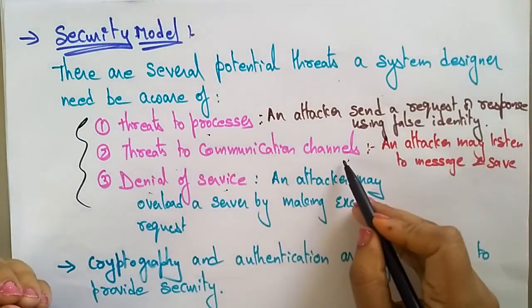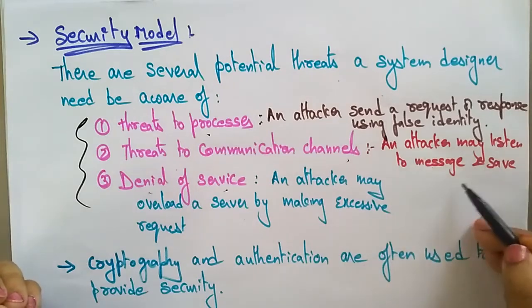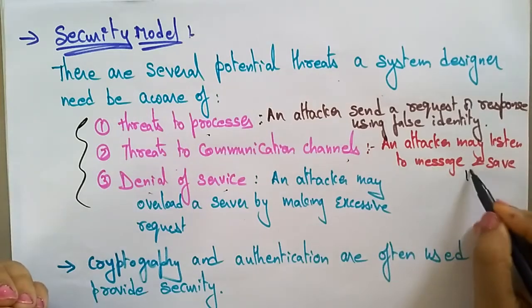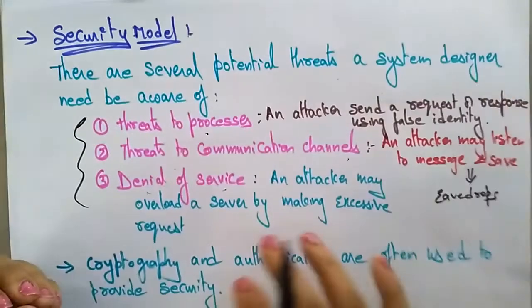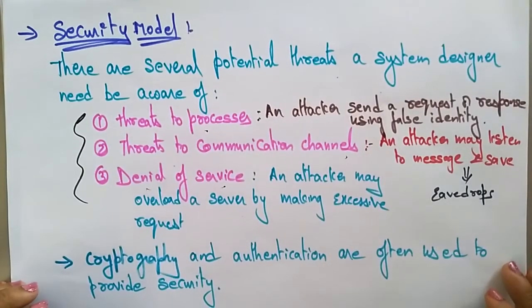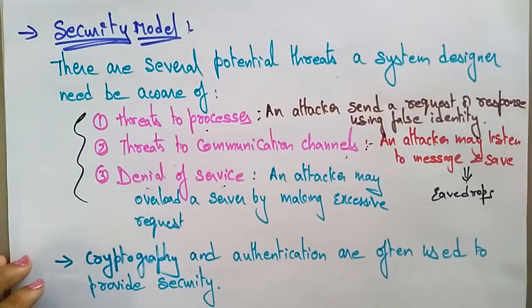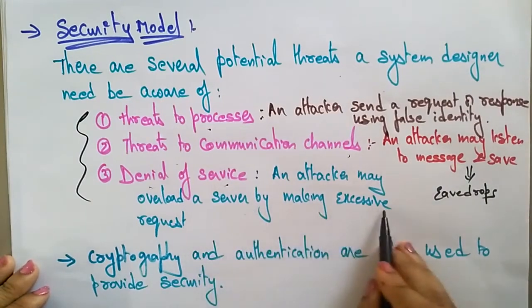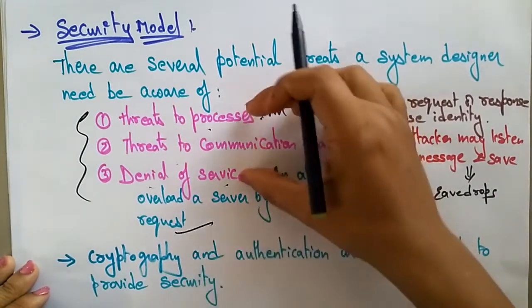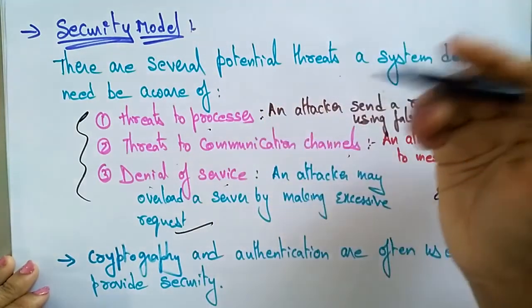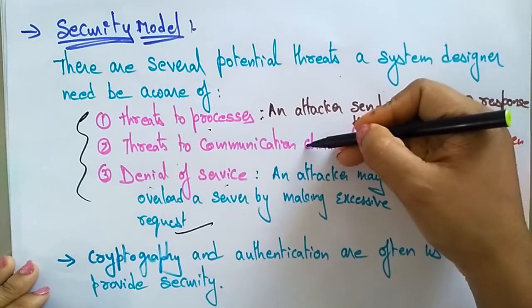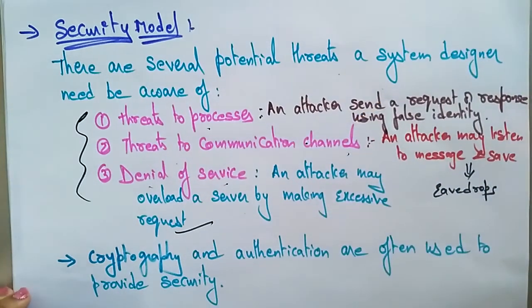Threats to communication channel means an attacker may listen to messages and save them. We call it an eavesdropper. In denial of service, an attacker may overload a server by making excessive requests. So these are the three different security models: the threats to process, threats to communication channels, and denial of service.